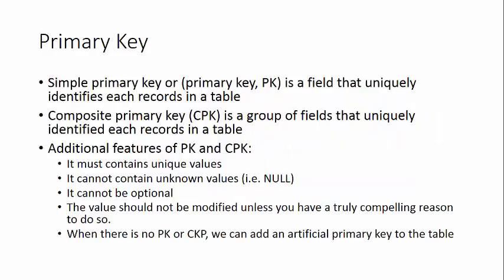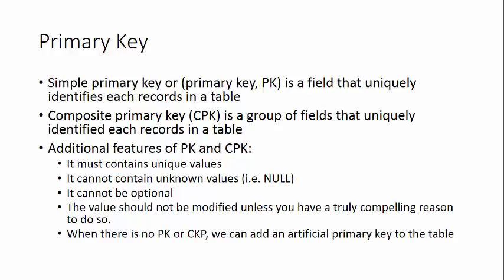Okay, we just mentioned the primary key. And what is a primary key? A simple primary key, or just primary key, PK, is a field that uniquely identifies each record in a table. A composite primary key, or CPK, is a group of fields that uniquely identify each record in a table.